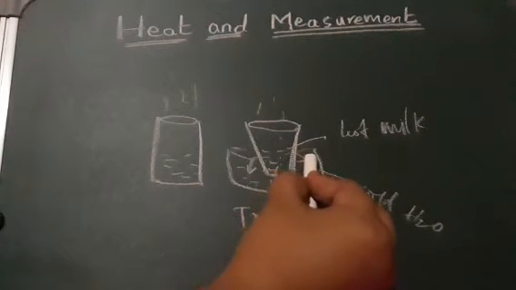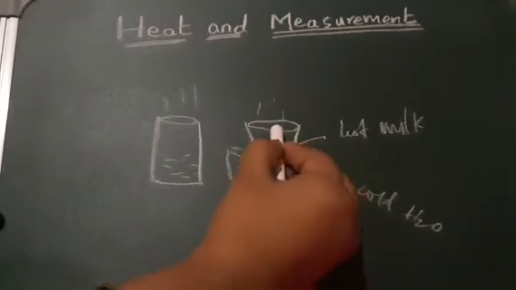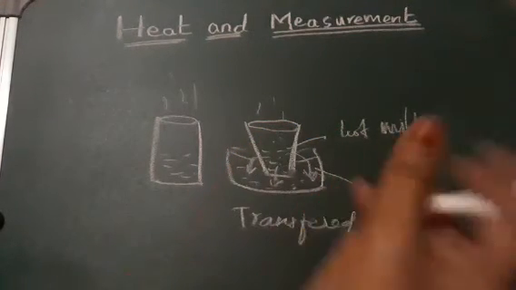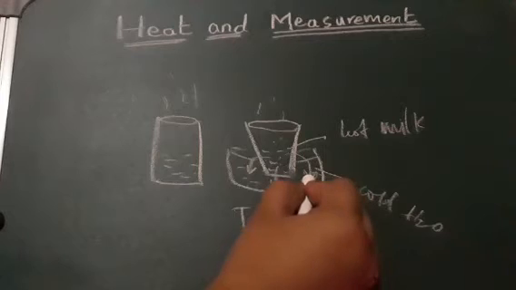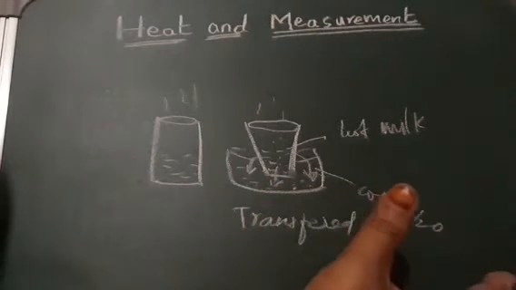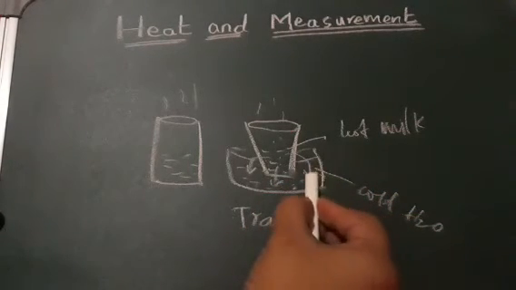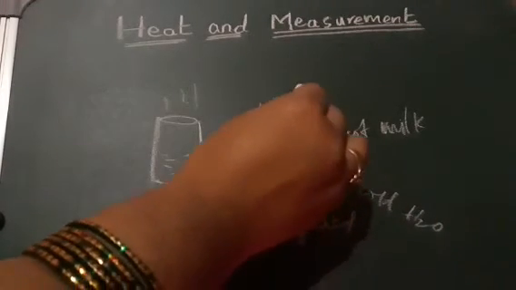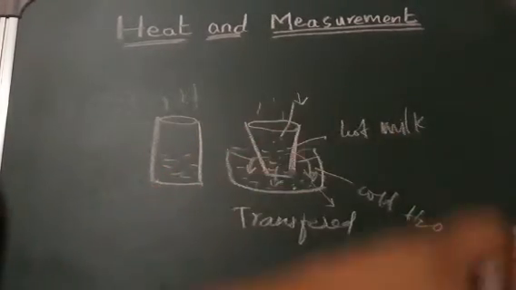So here we can see that there is a decrease in the heat of the milk, and there is an increase in the heat of the cold water. So you can see the temperature increases in the cold water and temperature decreases in the hot milk, isn't it?